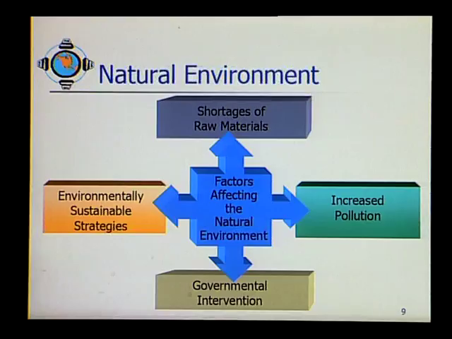So we depend on nature for raw materials as inputs. We can see on screen the shortage of raw materials, increased pollution, governmental intervention, and environmentally sustainable strategies affecting the natural environment, which in turn affects marketers.